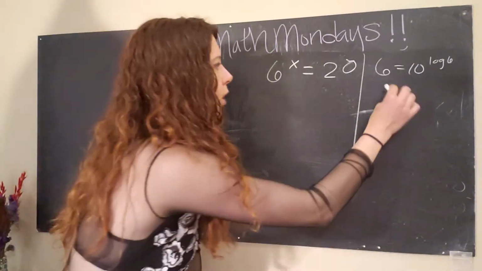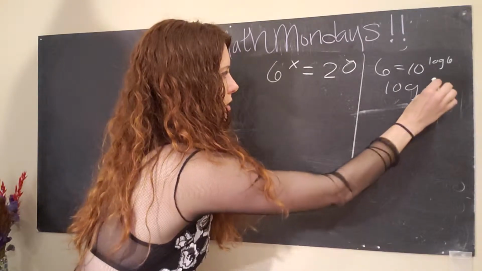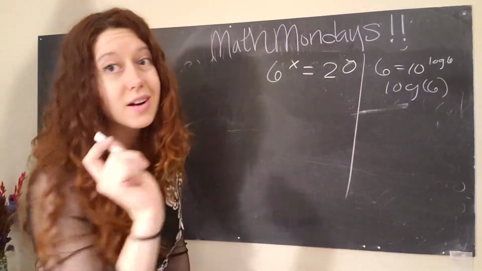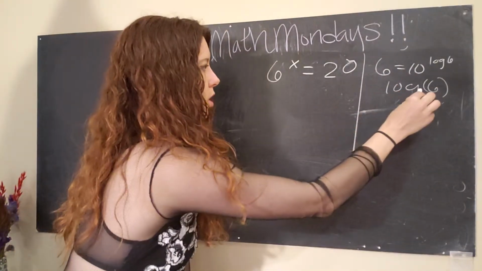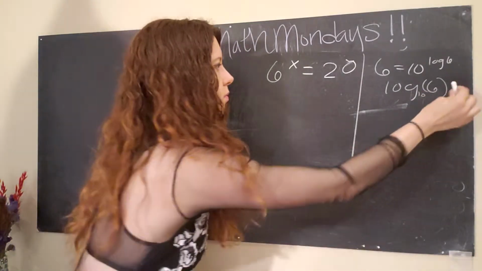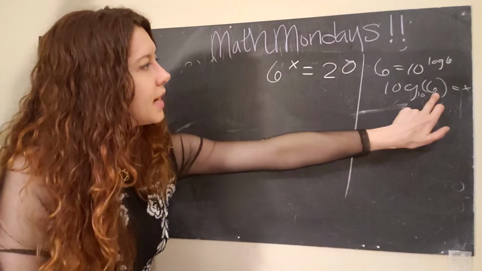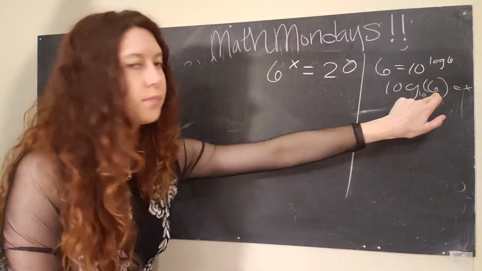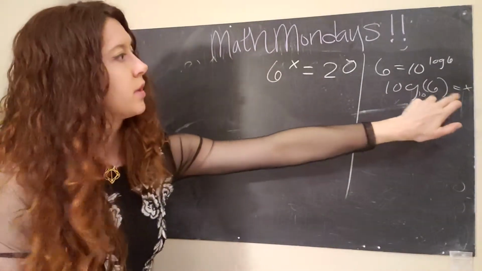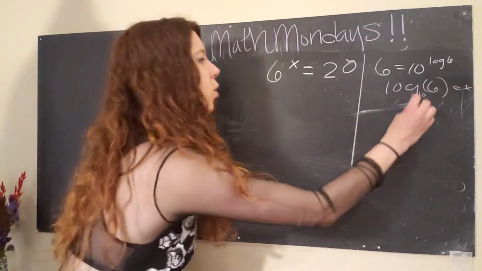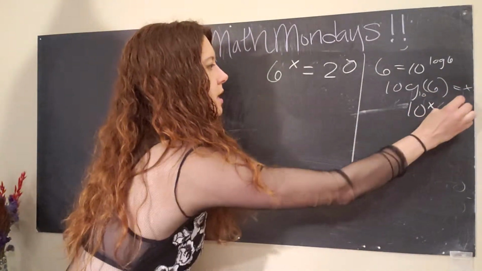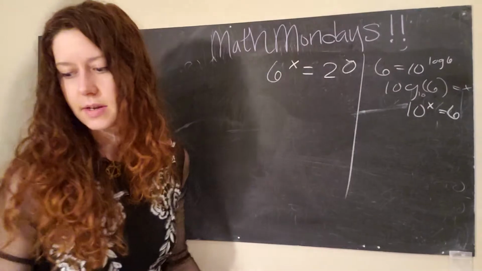When I say log of 6, and you do not see a subscript on the log, you assume that it's 10. This equals some number, right? So in this case, this is my answer, and this is my base. So I know that 10 to the x is going to give me 6.